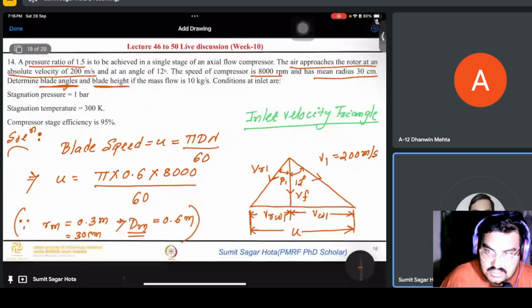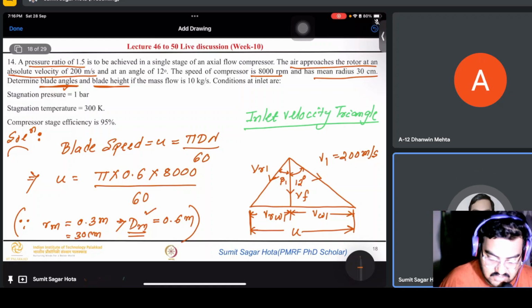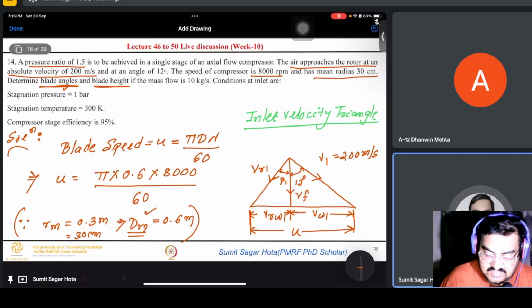So we already have the dm value. That means we need to find out the m dot, and for m dot we need the density rho 2, and the flow velocity, which we can relate with the mass flow rate. So that's the plan.